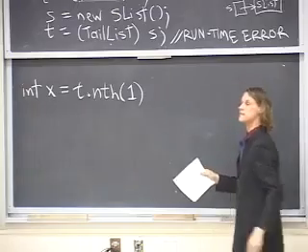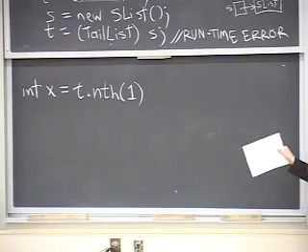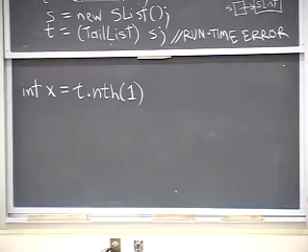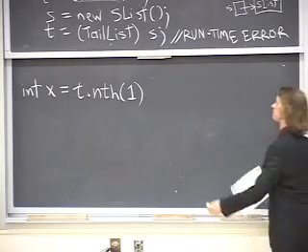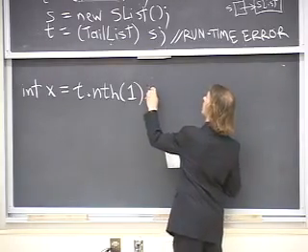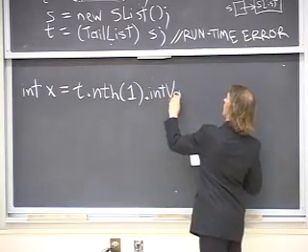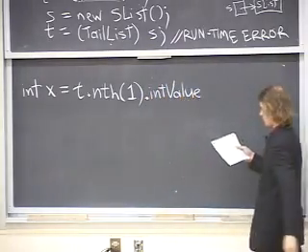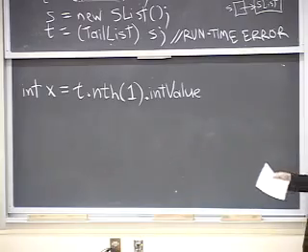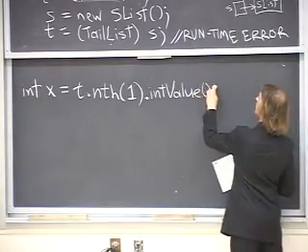T is my tail list. I extract the first item in the list. It's an object. Suppose that object is an integer object, which you've encountered in a recent homework or lab. When you've got an integer object, you can get the integer value out of it with the intValue method. But there is a problem here.